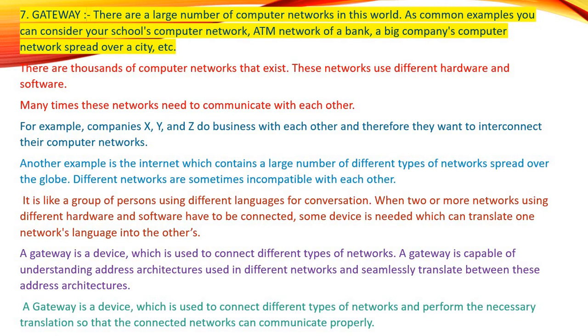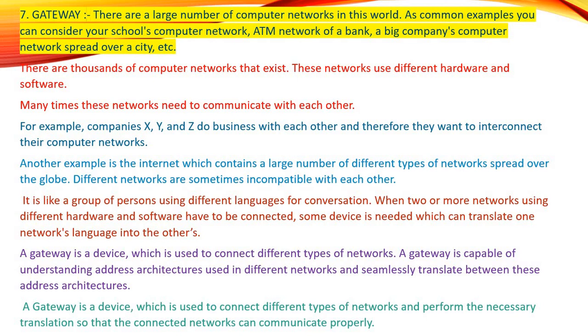And why are they connected? So that one device can easily communicate with another device. A simple example: companies X, Y and Z do business with each other, and therefore they want to interconnect their computer networks.